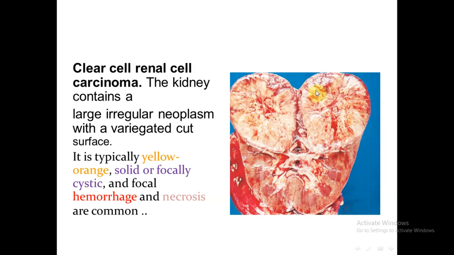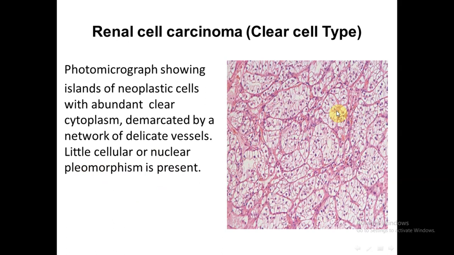These yellow areas are lipid laden and glycogen rich tumor cells. These white areas are necrotic areas commonly seen in renal cell carcinoma, and these red spots are hemorrhagic spots commonly seen in renal cell carcinoma.